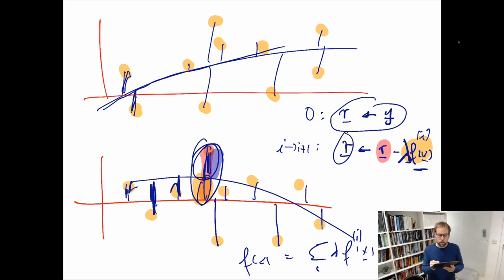I start off with the original data as my residuals, then I fit a model, take away what I learned, but only a small fraction, not with the full force, only times a small multiplier, take it away from the original residuals, and I get new residuals. And then I keep on doing this. And finally I get a final predictor, which is a weighted sum of those individual prediction models. And this is exactly what boosting does, more intuitively explained.